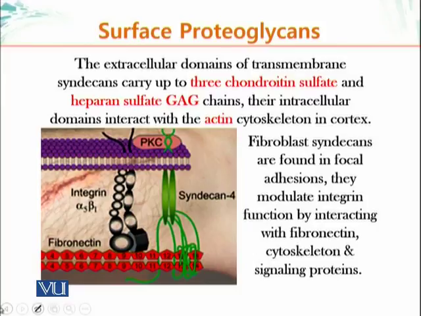They can modulate integrin function by interacting with fibronectin, the cytoskeleton and signaling proteins. We have not talked about fibronectin. It is also a component of the extracellular matrix. This molecule is recognized by several cellular proteins present on the plasma membrane, and they help cells attach to the ECM by binding fibronectin.